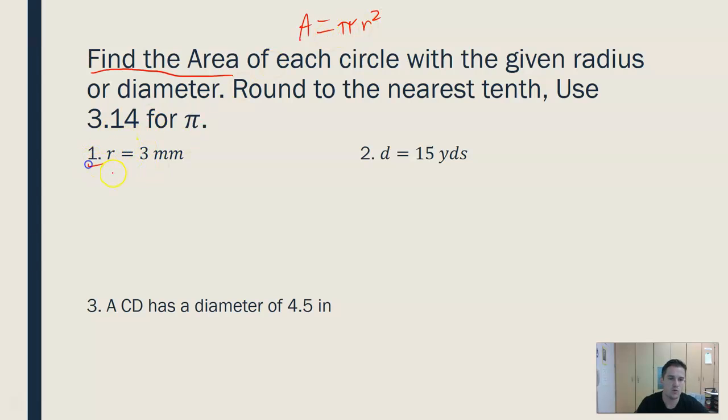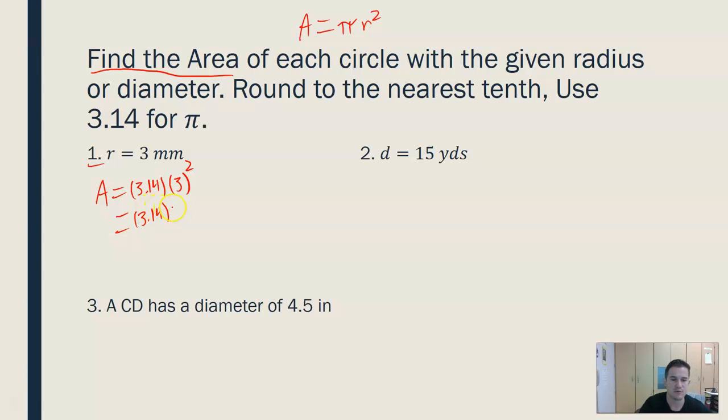So here on number 1, again, these are in your guided notes if you decided to print them off. So area is equal to pi r squared. So the radius here is 3, so area is equal to 3.14 times 3 squared. So 3 squared, I better take care of that exponent first. 3 squared is 9.